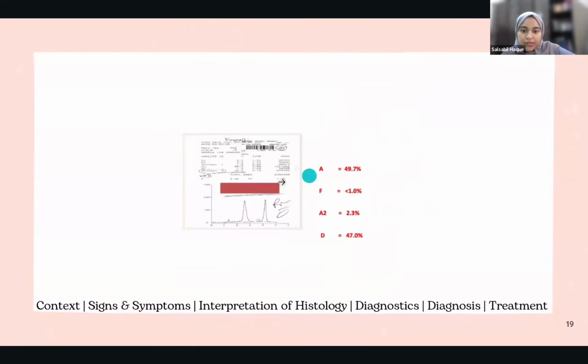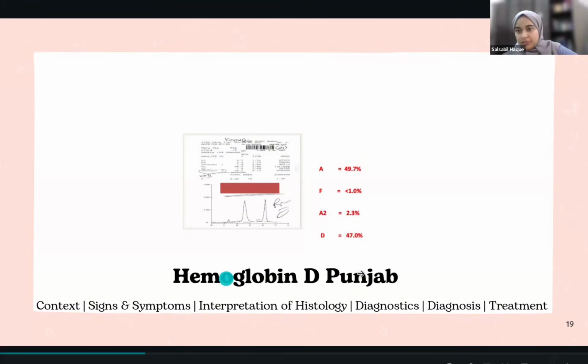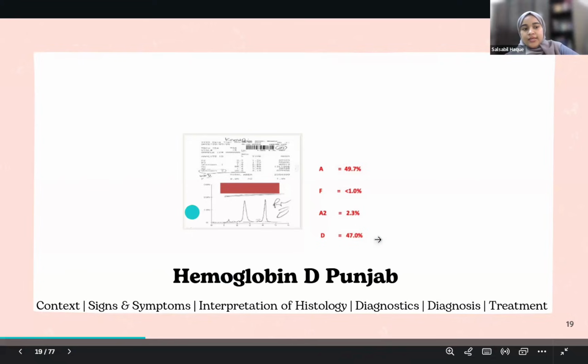Here they found something called hemoglobin D. Everything else is normal. No, actually, A is low, but this is hemoglobin D. This is something that is seen commonly in South Asia, basically India, Pakistan, Bangladesh, and it's called hemoglobin D Punjab. This was mentioned in LGD, and I mentioned it here for the sake of completion.